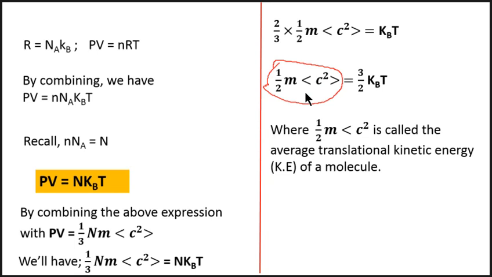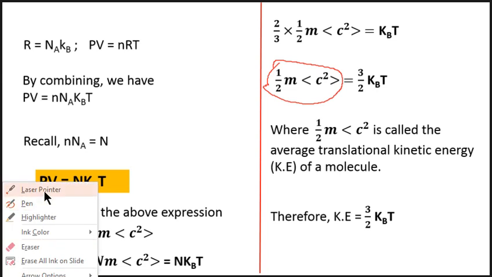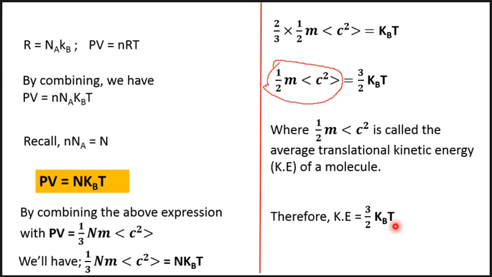So definitely I can rewrite this expression as average kinetic energy, KE equals 3 over 2 Boltzmann constant times the temperature.